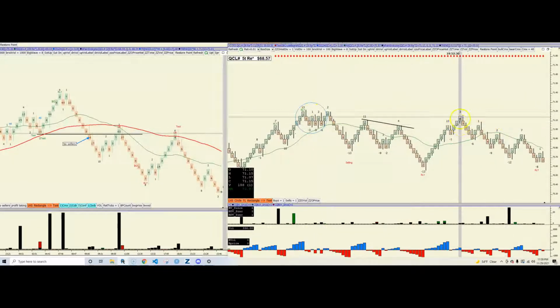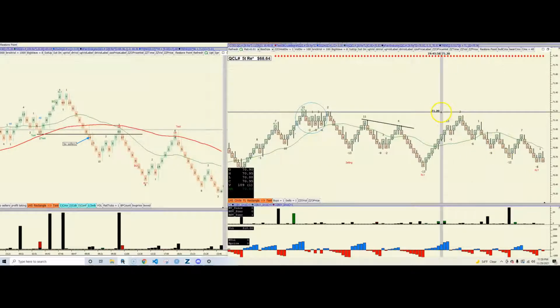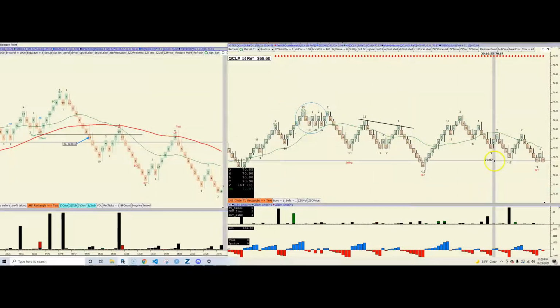Like right here, you start sweating bullets. When you see this green wave and you want to get in, or you got in, then the following green wave is when you start sweating. Oh shit, they're going to run me because it's already so high. Look at this, almost taking out the high.